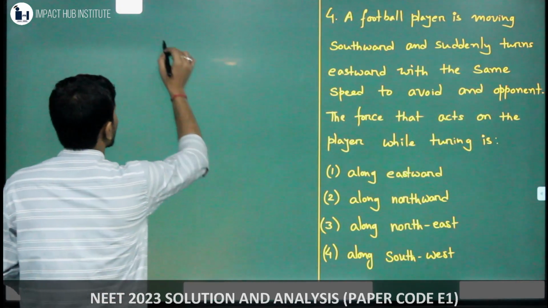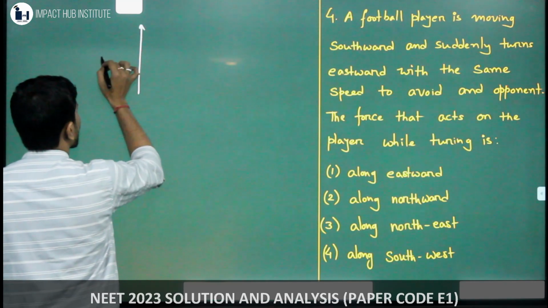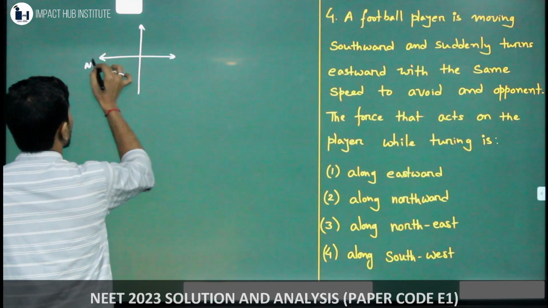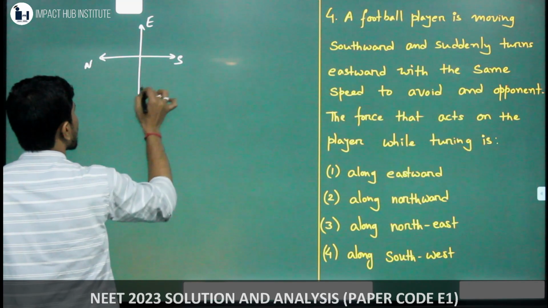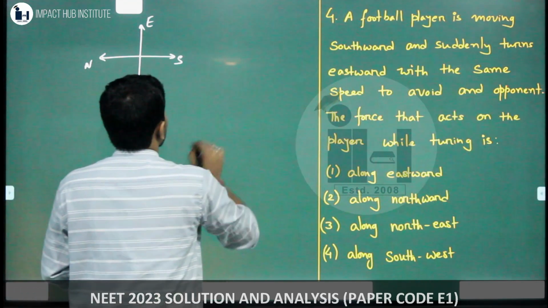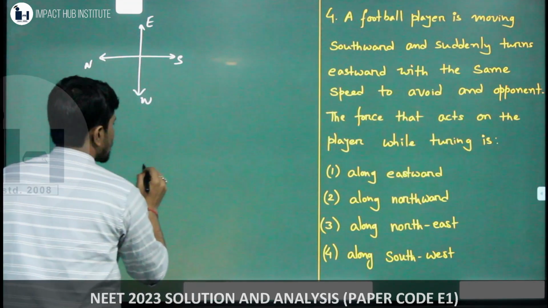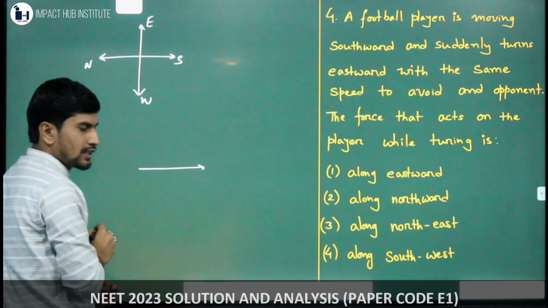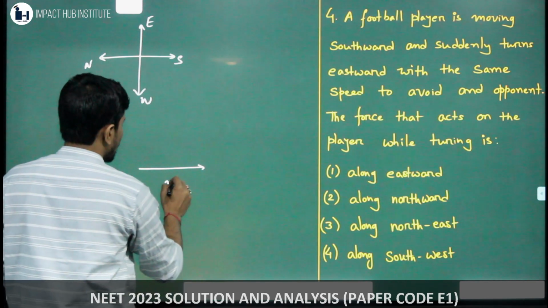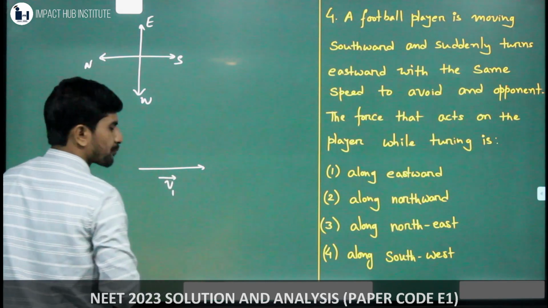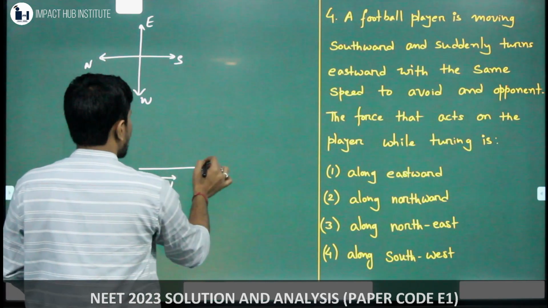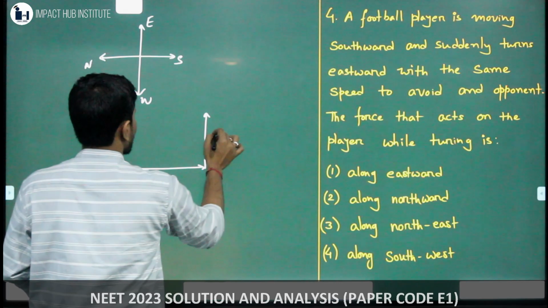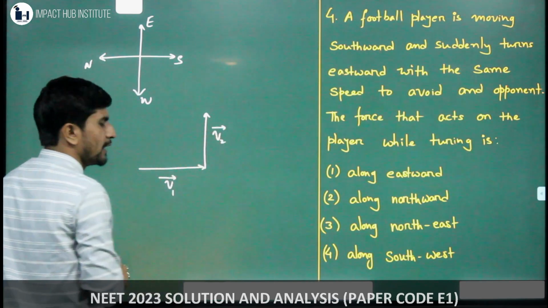So what I will do, for convenience, is first draw the directions. Let's say this is north, this is east, this is south and this is west. Let's say this is the initial direction of motion of the football player. Let's say the velocity was v1 and then all of a sudden it moves towards the east, so the velocity in this case will be v2.